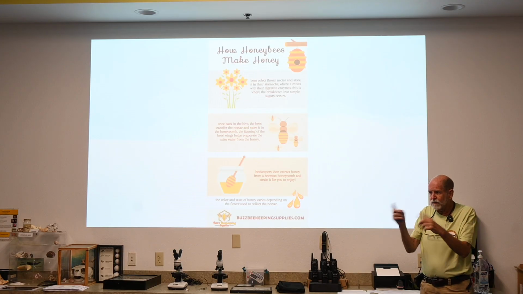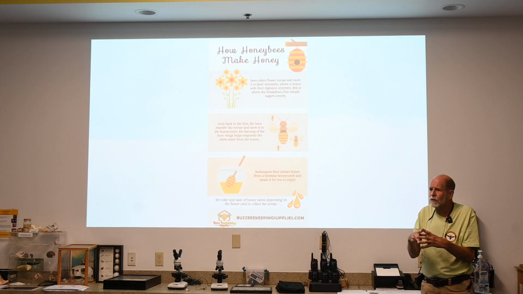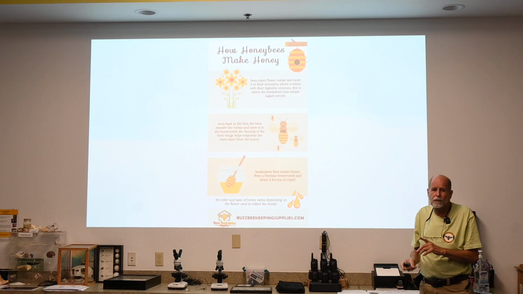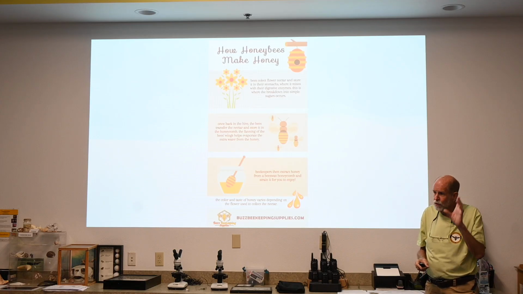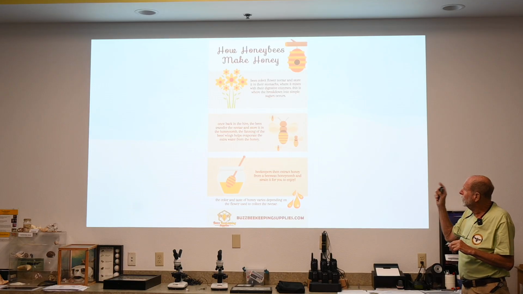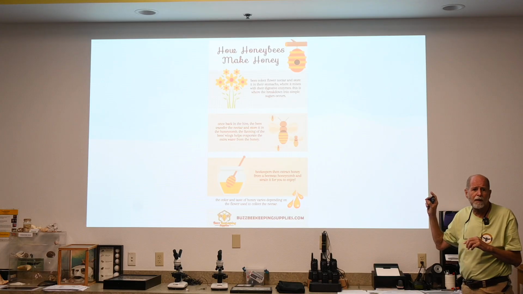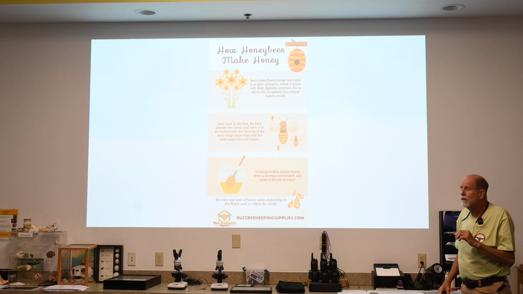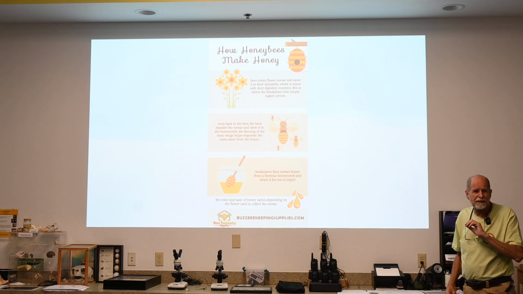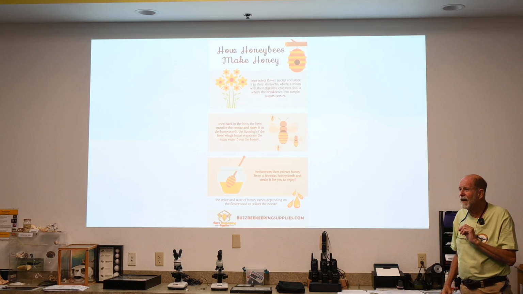Now this may be done several times, and each time they're doing an evaporation process, getting rid of the water, concentrating it and bringing it down so that it is good for storage and has concentrated sugars in it for their food. After it is evaporated down to a certain point where moisture level is less than 17%, they will then put a wax seal over that cell, and it is now called honey. Prior to that, it was nectar.